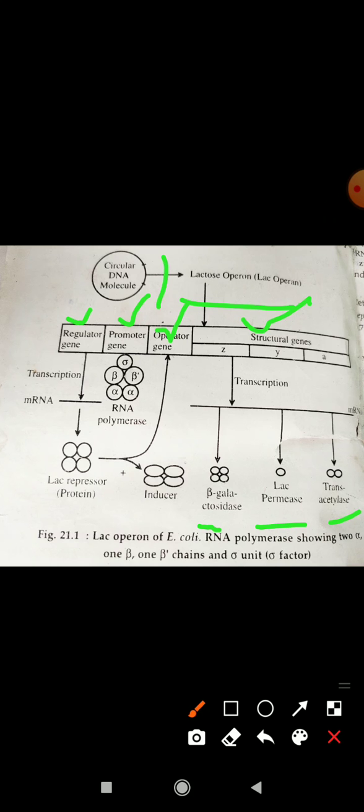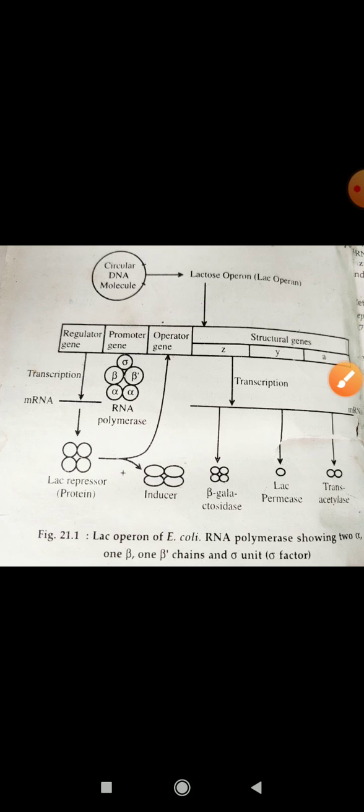Lac operon, which was thoroughly studied in E. coli by Jacob and Monod, consists of structural genes, operator gene, promoter gene, regulator gene, repressor, co-repressor, and inducer. Now structural gene.